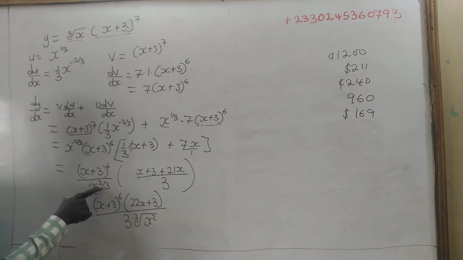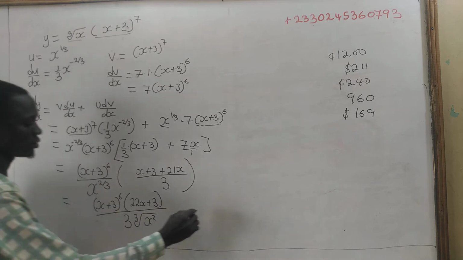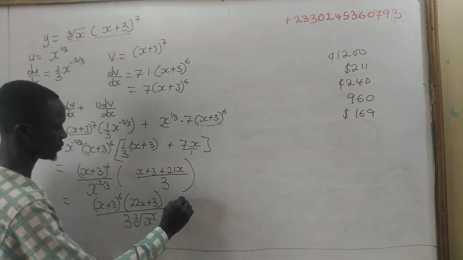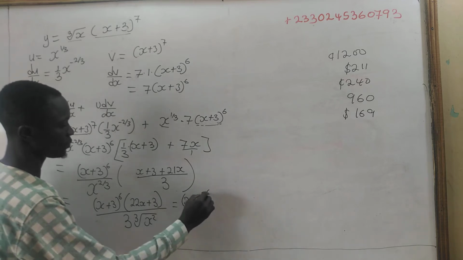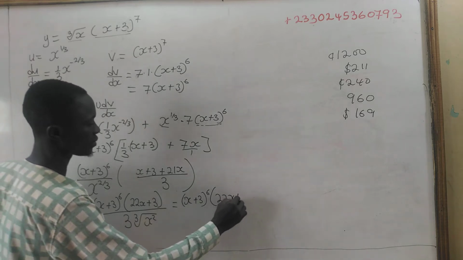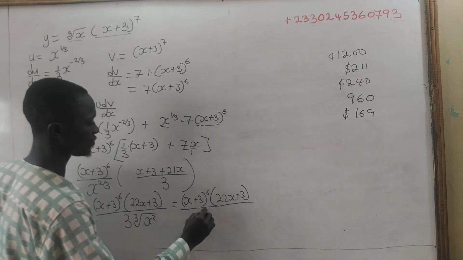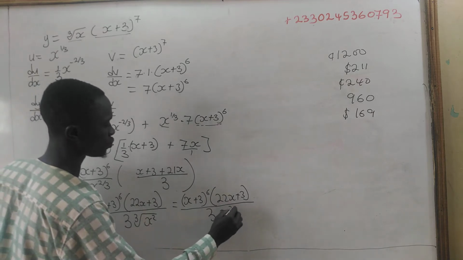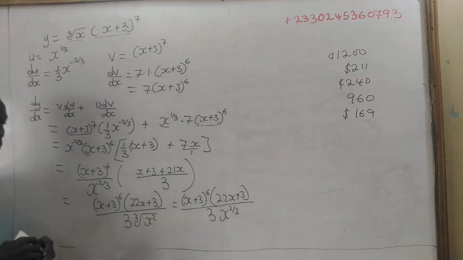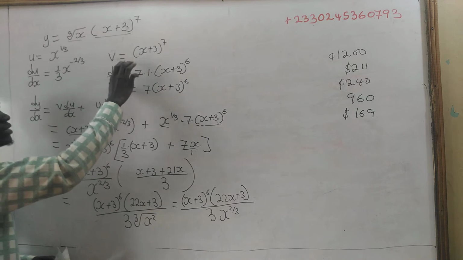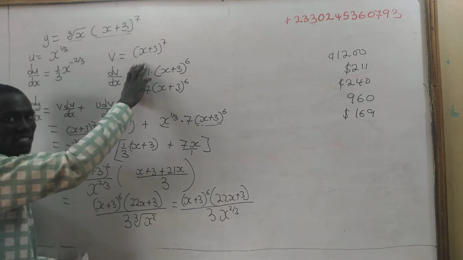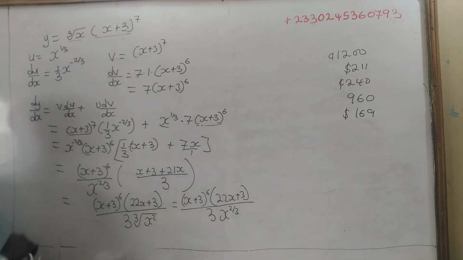This is the same as (x+3)^6 times (22x+3), all divided by 3 times x to the power 2/3. Wow. So here you see that you've used the chain rule or the composite function rule, and then you've also used the product rule in one question.